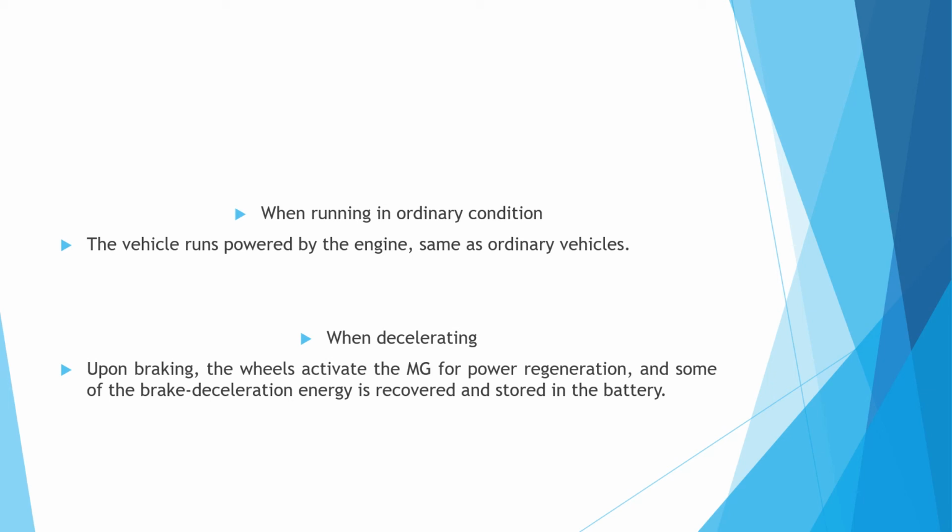When decelerating, upon the braking, the wheels activate the motor or the generator for power generation, and some of the brake deceleration energy is recovered and stored in the battery.